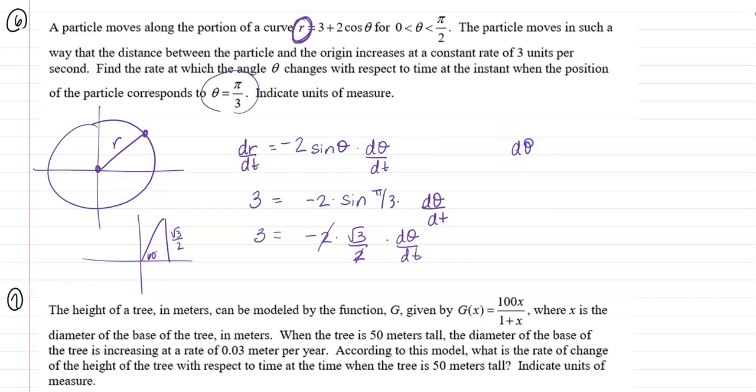So d theta/dt equals 3 divided by negative root 3, which is the same thing as negative root 3. You don't have to do that. I'm just showing you the equivalence here. And then put some units on it. So the angle is in terms of radians, and your unit of time is in seconds.